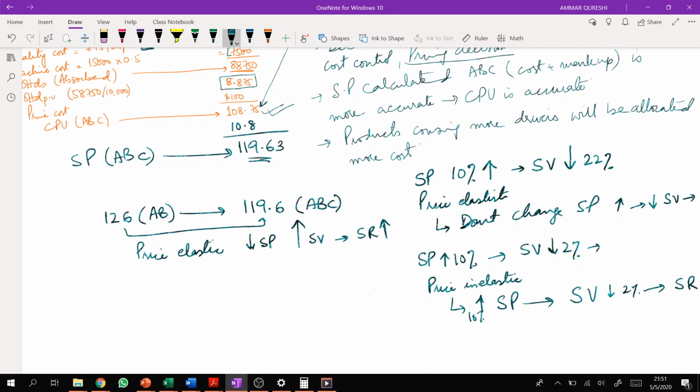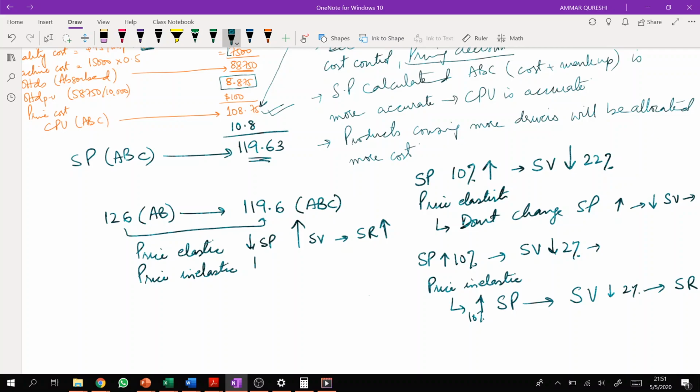But if this product is price inelastic, inelastic means it's less responsive towards the price. Let's take an example of salt. If you decrease the selling price of salt by 20%, do you really think people will start consuming more salt? No. So that is price inelastic.